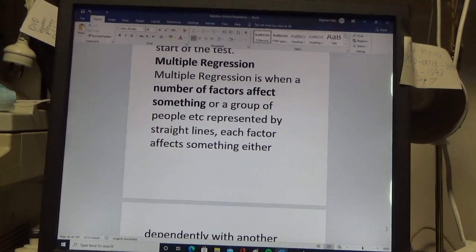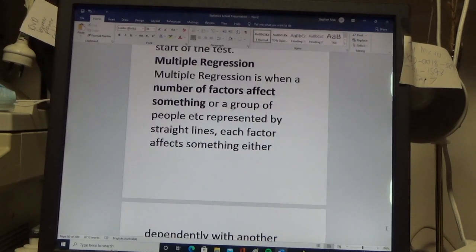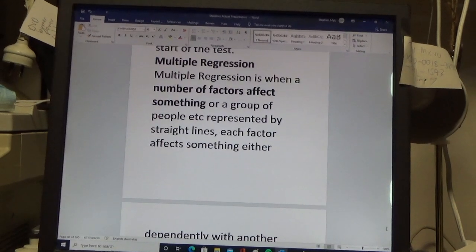Depending what algebra you use, y equals the y-intercept plus the gradient of the line multiplied by your independent variable, with the dependent variable on the left.